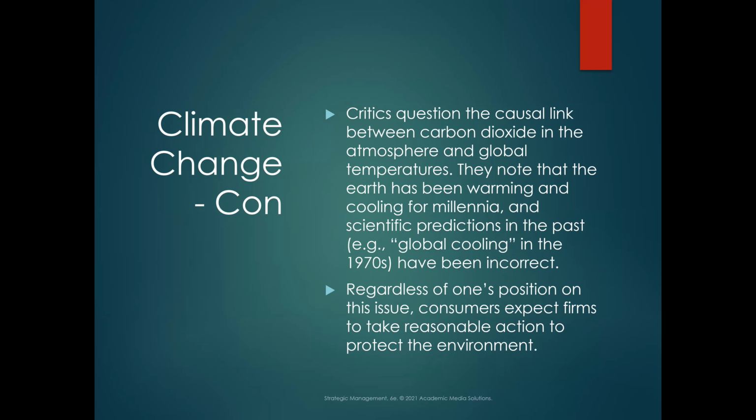The typical counter argument will be that the Earth's climate has been warming and cooling from time to time for many, many years. They may also highlight that scientific predictions for global cooling in the 1970s were incorrect. So they will use this line of argument and highlight that maybe global warming is not real, right?